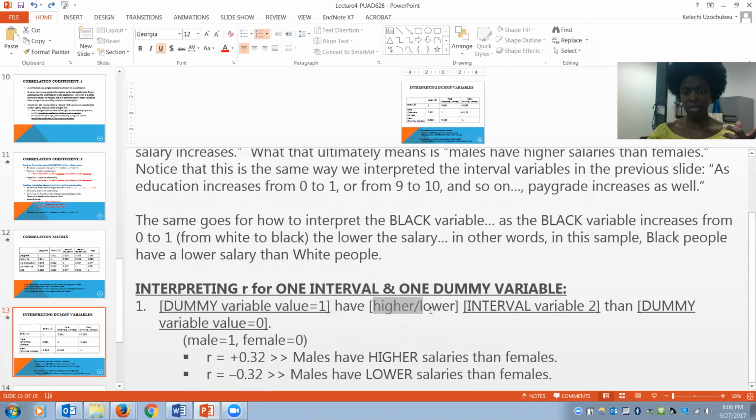It was a negative relationship, so we would probably say lower. It was a relationship with salary, and then our dummy variable value of 0 was white. So what would we say here? Blacks have lower salary than value of 0, whites. Blacks have lower salary than whites, given this is a weak relationship.